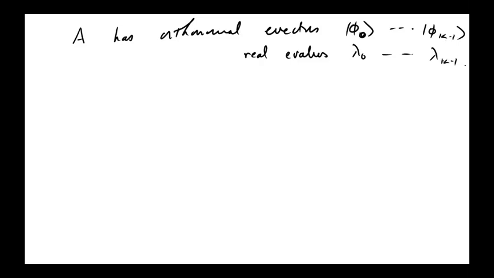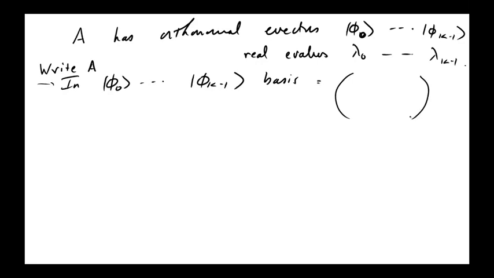Well, it's just a diagonal matrix. So if you were to write A in this basis, then A would look like lambda naught, lambda 1, through lambda k minus 1.